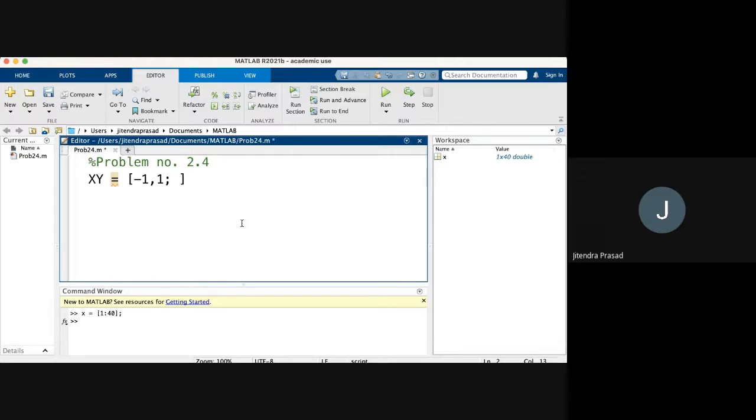Node number 2 was 0, 1. Node number 3 was 1, 1. And node number 4 was 0, 0.